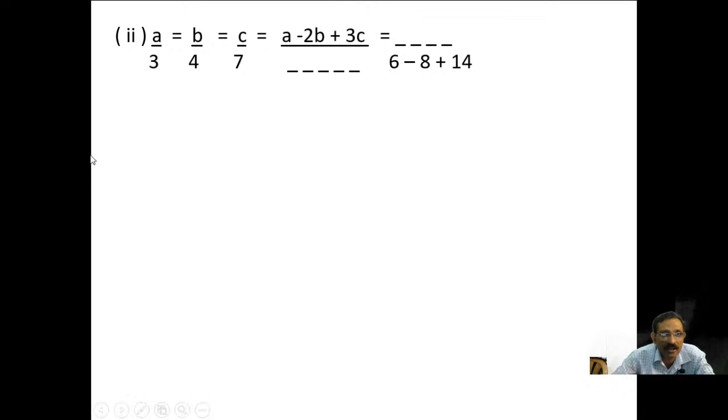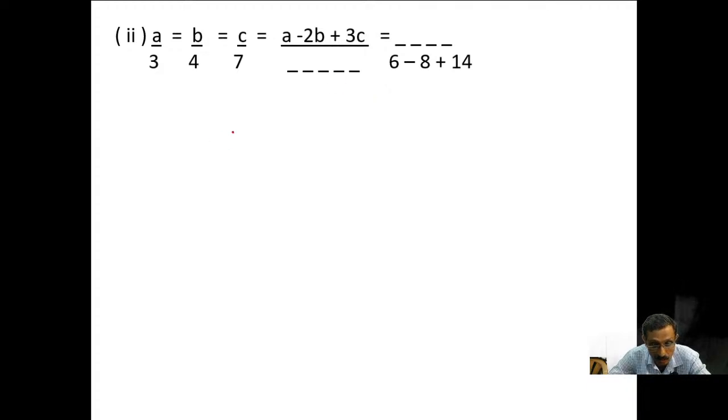Let's move on to the next one and see. If a upon 3 is equal to b upon 4, which is equal to c upon 7, which is equal to a minus 2b plus 3c upon what, which is equal to dash upon 6 minus 8 plus 14.